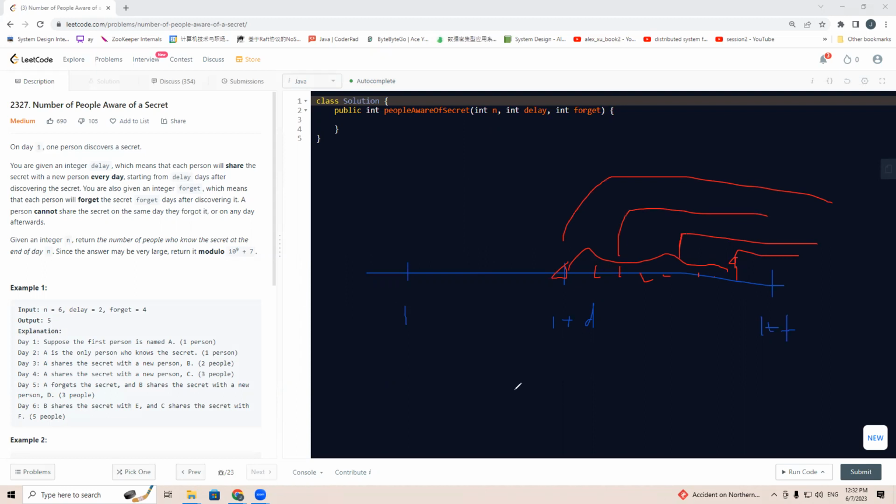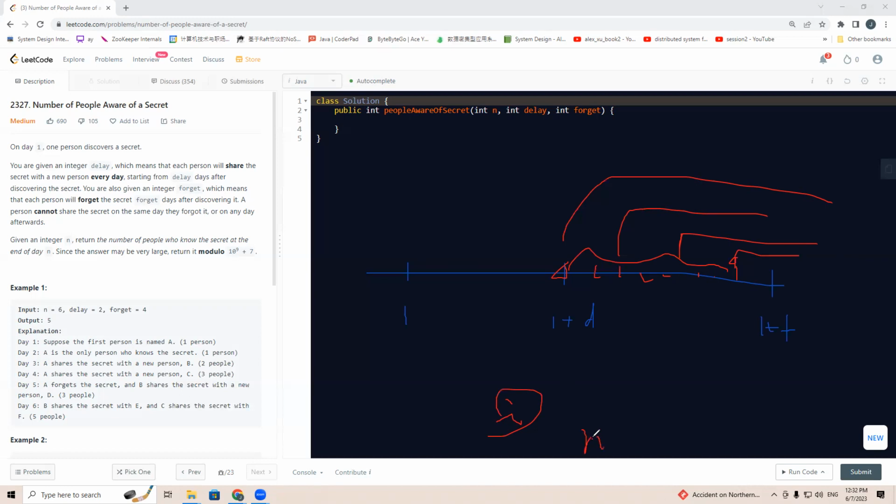So for this question, for example, at day i, we just calculate from left to right, iterating through those days, because there may be some overlaps when passing secrets. At day i, it may have, for example, n people.